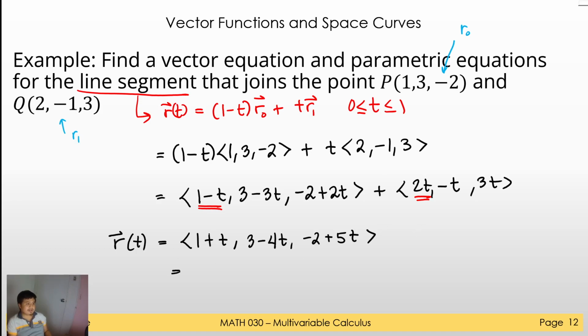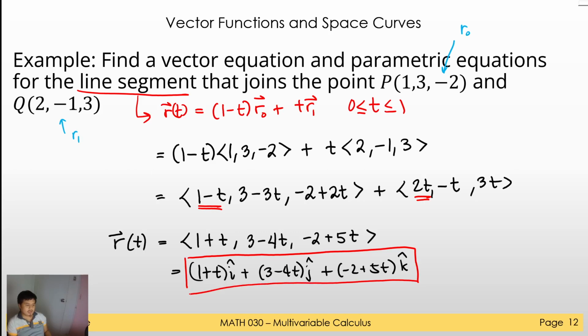But to have the vector equation, the vector equation here will be 1 plus t, i hat, plus 3 minus 4t, j hat, and then plus negative 2 plus 5t, k hat. Okay, so this is your vector equation. How about the parametric equation? The parametric equation is just the coefficients here now.